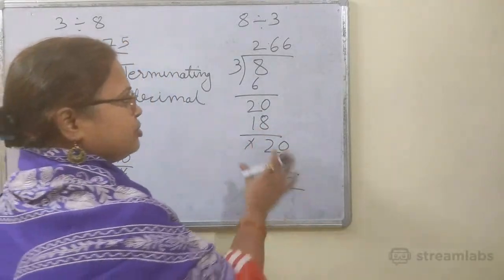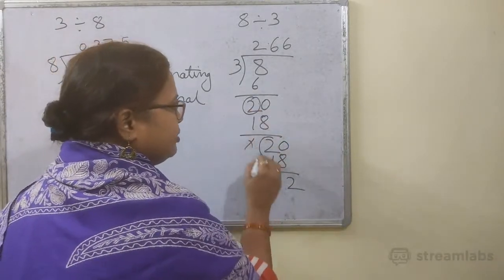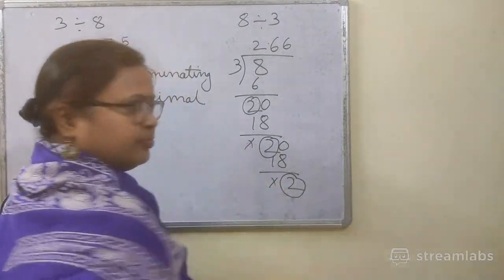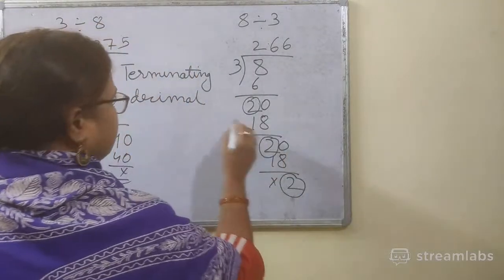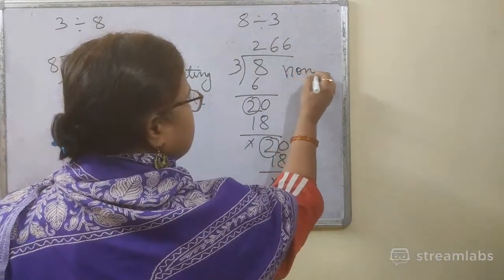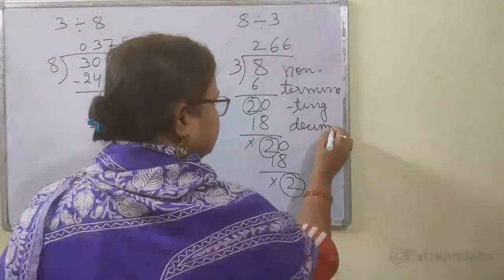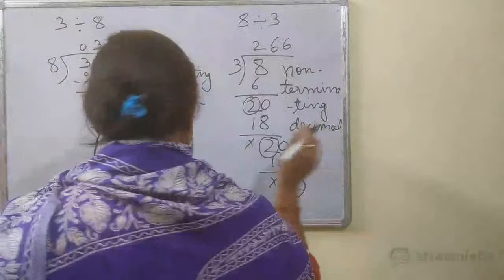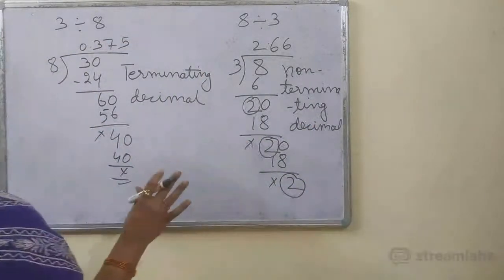You must have noticed that every time we are getting a remainder and getting decimals. Clear? So this is called non-terminating. So, terminating decimal and non-terminating decimal.